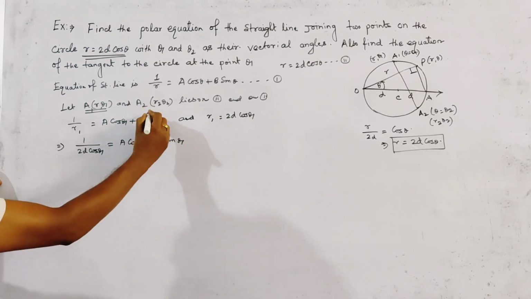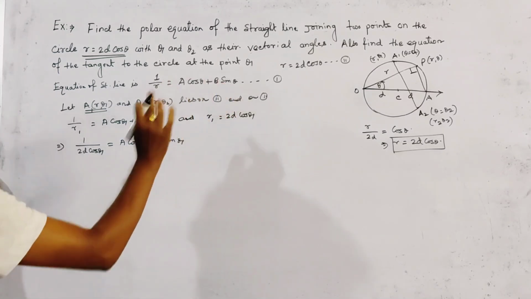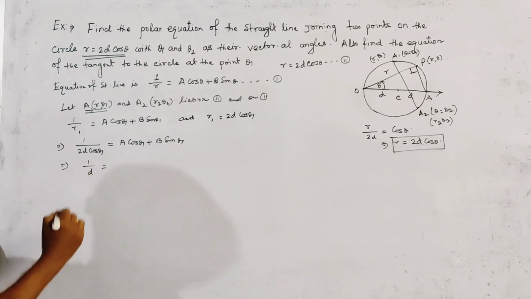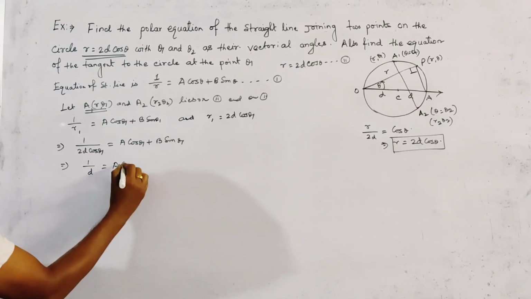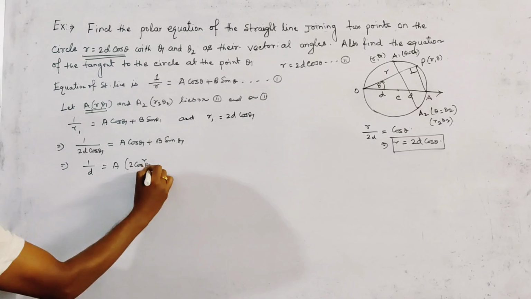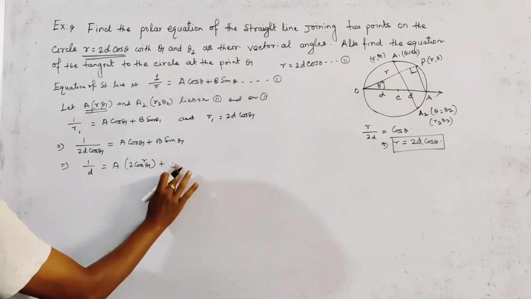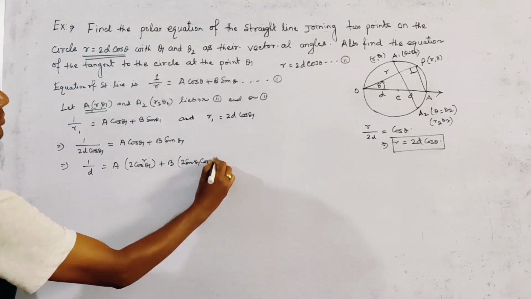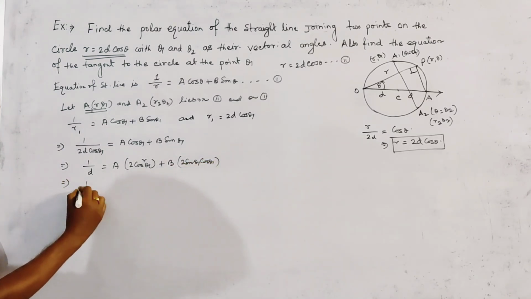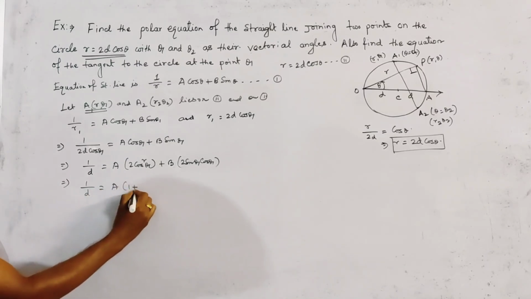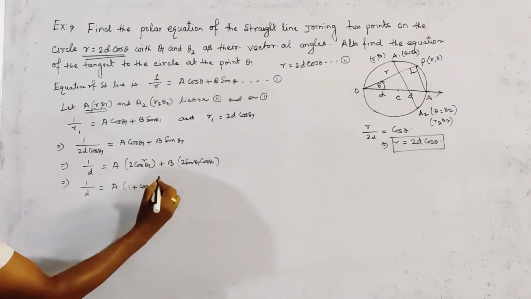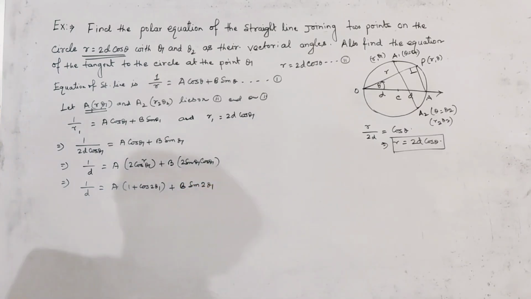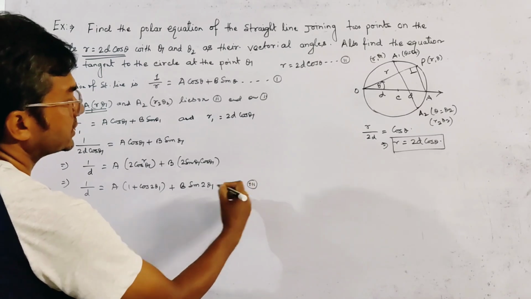Now 1 by d = A into 2 cos square theta 1 + B into 2 sin theta 1 cos theta 1, and this gives 1 by d = A into (1 + cos 2 theta 1) + B into sin 2 theta 1, and this is relation number 3.